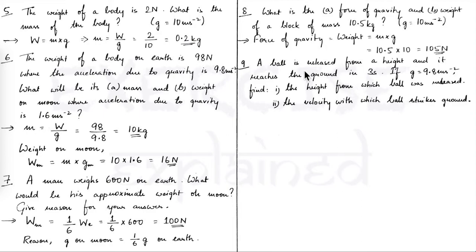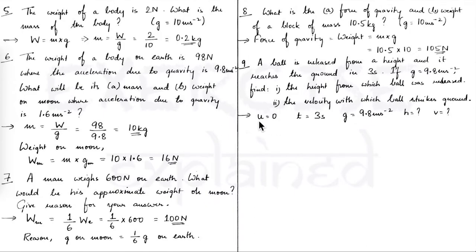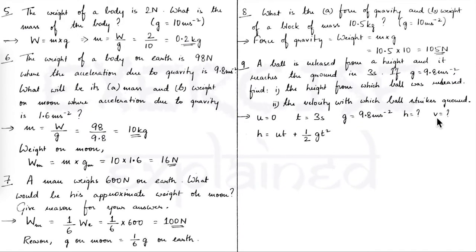Now, whenever a ball is released from a height, we consider initial velocity to be 0, and that is the reason I have taken u is equal to 0. Reaches the ground in 3 seconds, so time is 3 seconds. Acceleration due to gravity given in the question is 9.8 meter per second square, and we need to find the height and we need to find the final velocity.